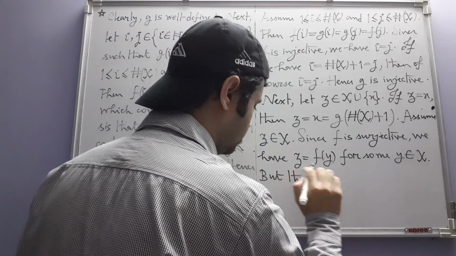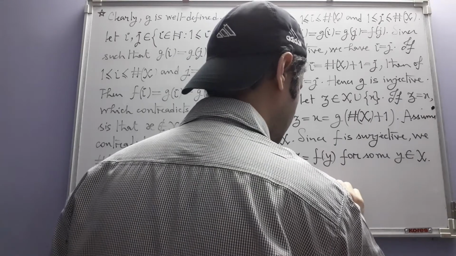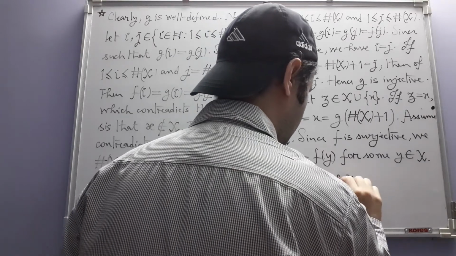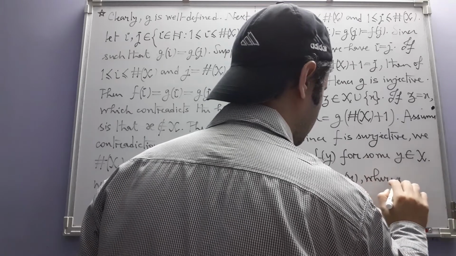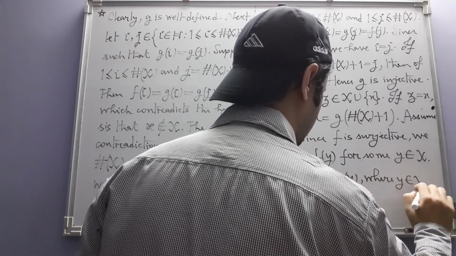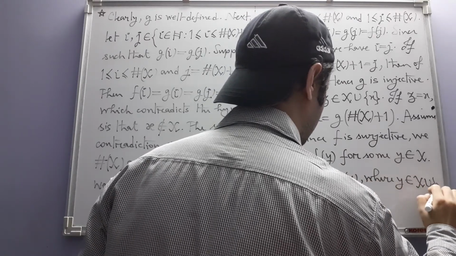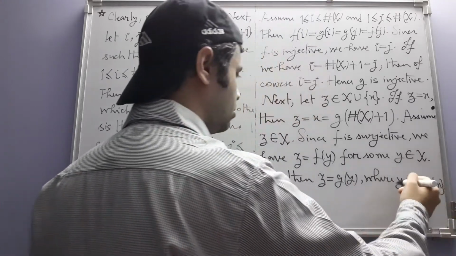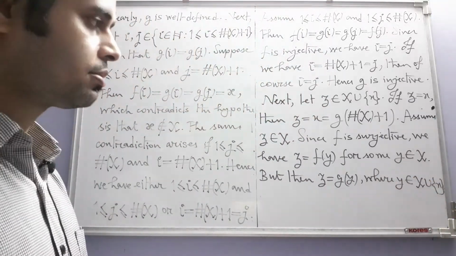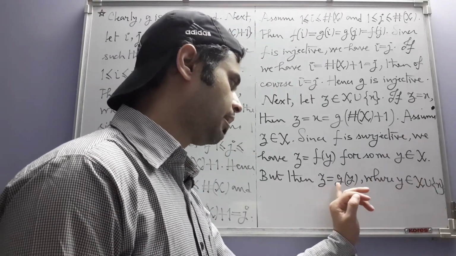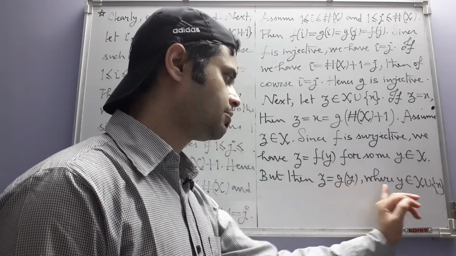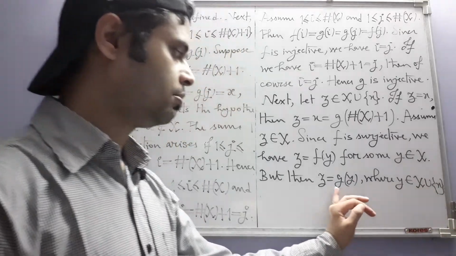But then we could have written a y belonging to x also, but here we are just showing the fact that z appears as the g image of some element in the domain of g.